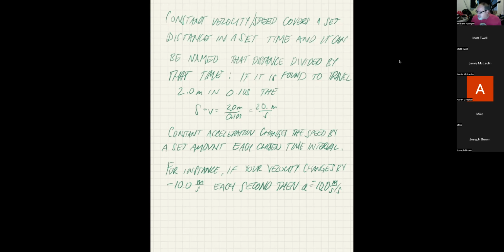And what that means is if you toss a ball up at, say, 30 meters per second, then if there's no air resistance, then essentially the ball is going to go from 30 to 20 meters per second after 1 second. And then it's going to go from 20 meters per second to about 10 meters per second after 2 seconds. And then it's going to go from 10 meters per second to 0 meters per second after about 3 seconds. And then it's going to start falling downward.